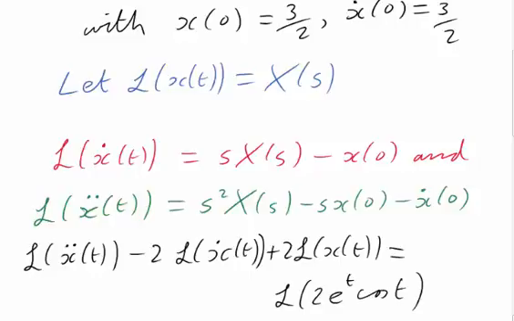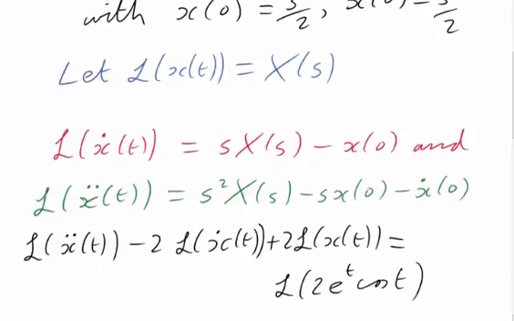Okay, the next thing is to replace the curly L's in this black equation with the capital X's. There's only one of the transform of the second derivative, so we'll just want to copy out the green right-hand side with a coefficient of 1.